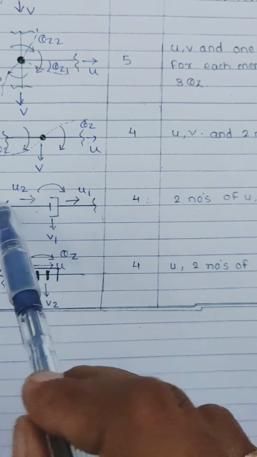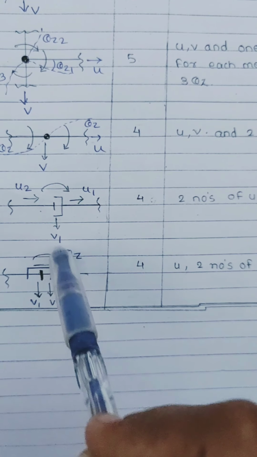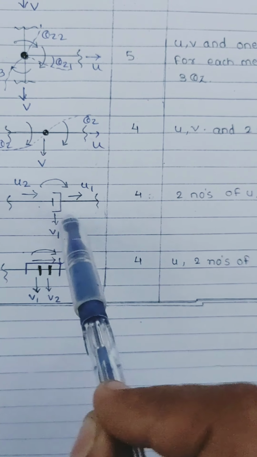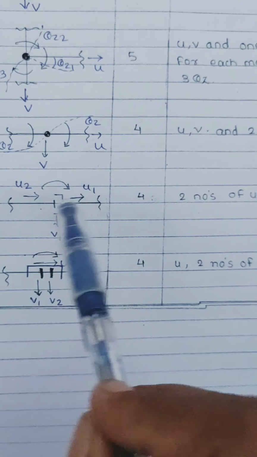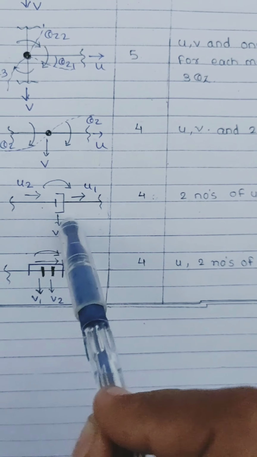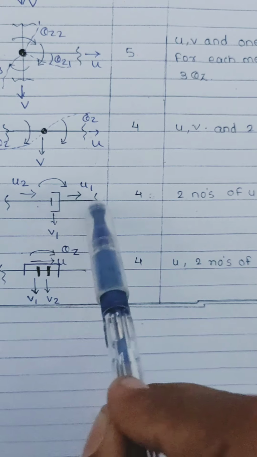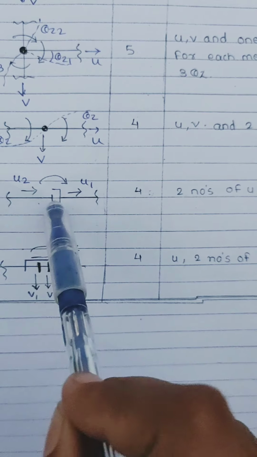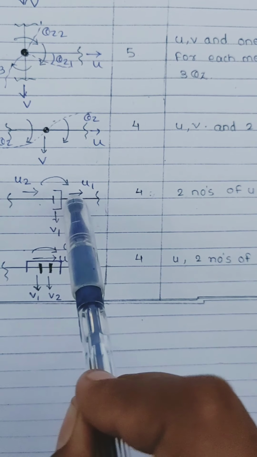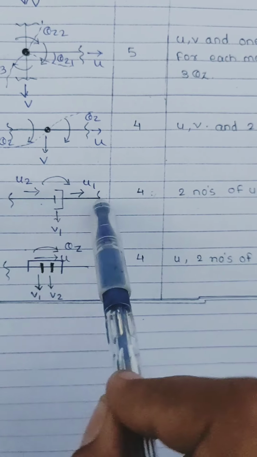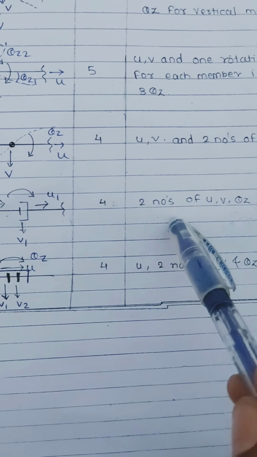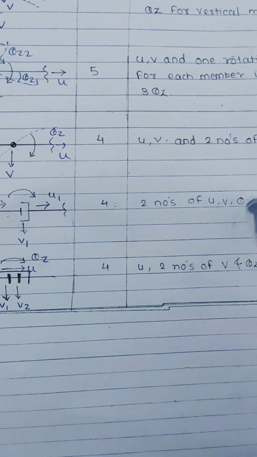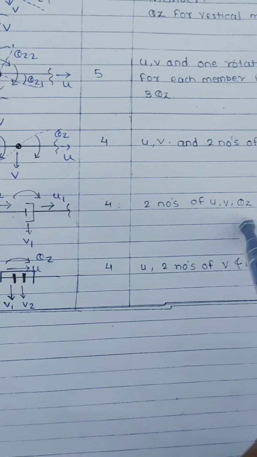Hence as a total member there is only one vertical displacement, that is represented by V1, and one rotational displacement for this particular member. Due to this provision of horizontal release, this beam is divided into 2 parts. Hence there are 2 number of horizontal displacement, but vertical and rotational displacement is 1 for this particular support. Hence 2 number of horizontal displacements, and 1 vertical and 1 rotational displacement, that is theta z.